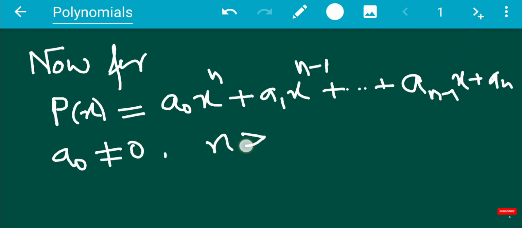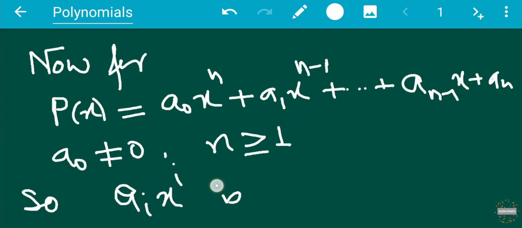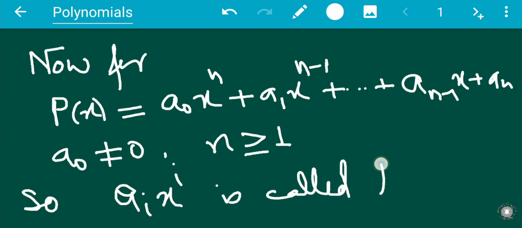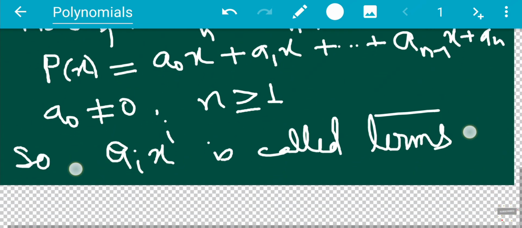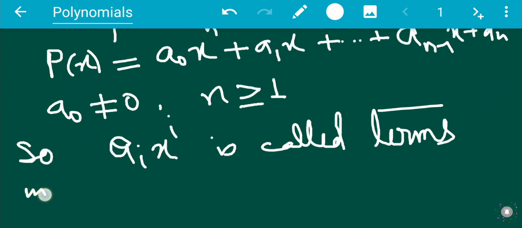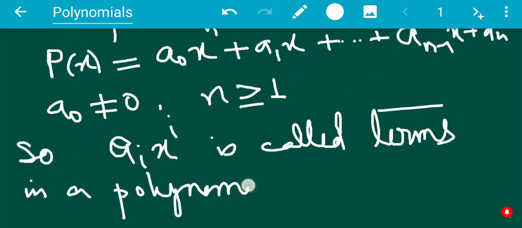Second is n is greater than or equal to 1, no problem. So that ai x to the power i is called a term in a polynomial. These are called terms in a polynomial.